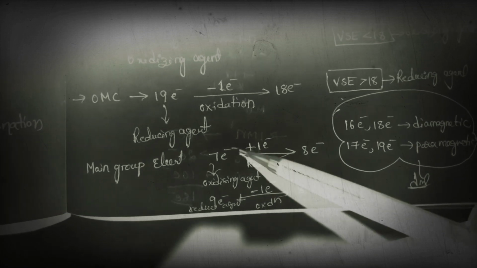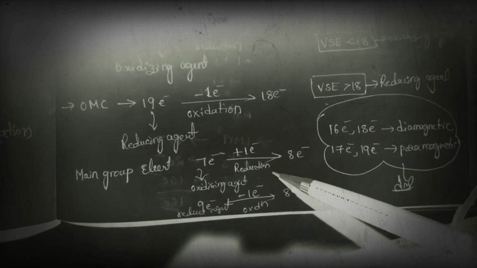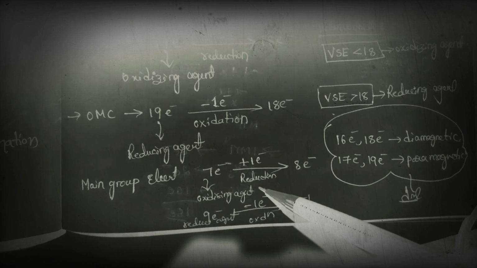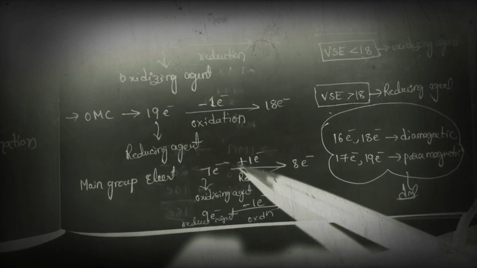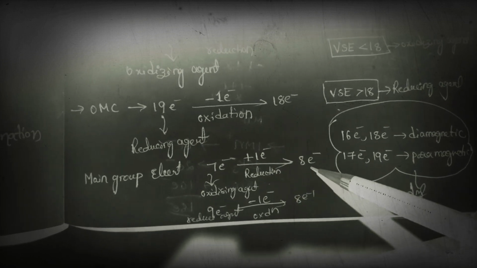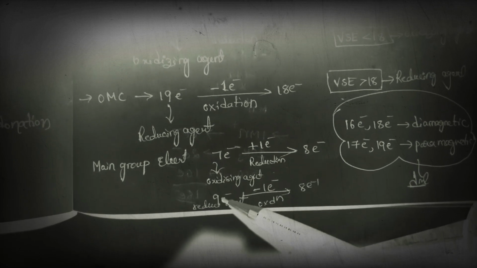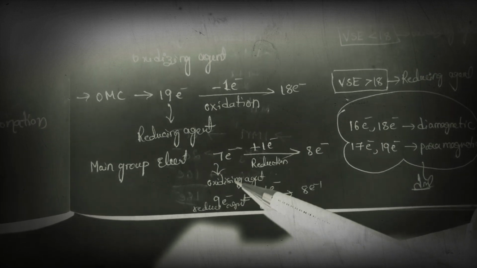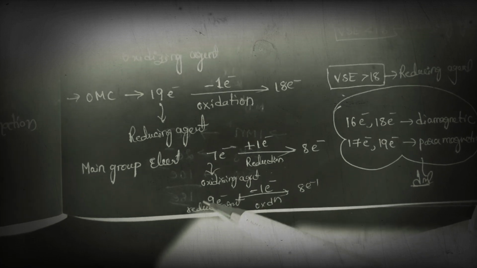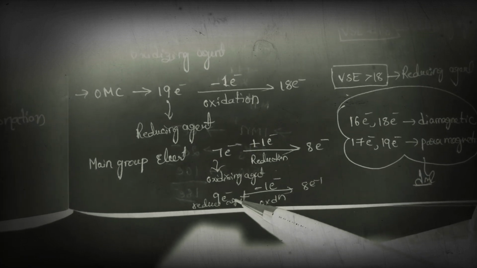So from this we can confirm that if the electrons are less than 8, they act as oxidizing agents. Similarly, if we get 9 electrons, we know that for stability it requires only 8 electrons, that is the octet, no?